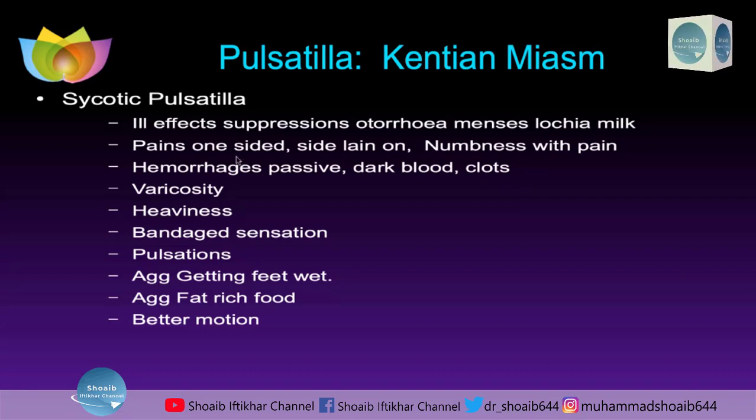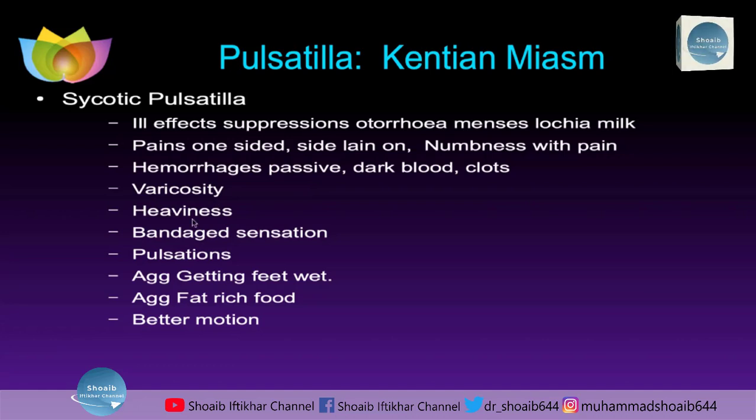Psoric pains are very, very strong and extreme, and all over the place, whereas one-sided numbness, sort of duller pains are more sycotic. Hemorrhages, again, passive, dark, clotty, they're all very, very sycotic hemorrhages. More bright red is more psoric.